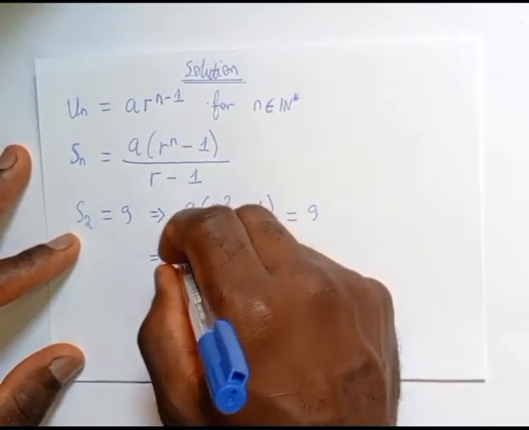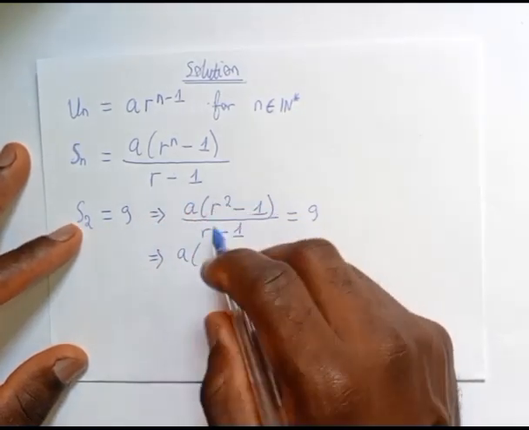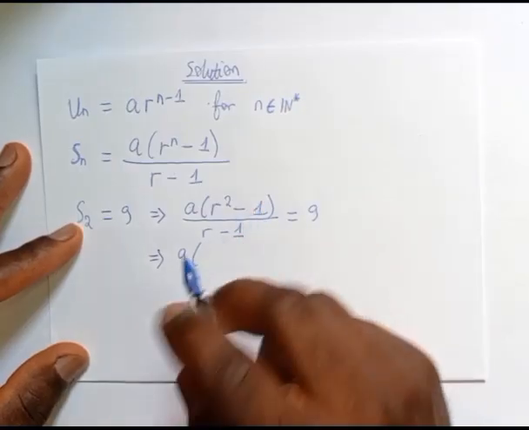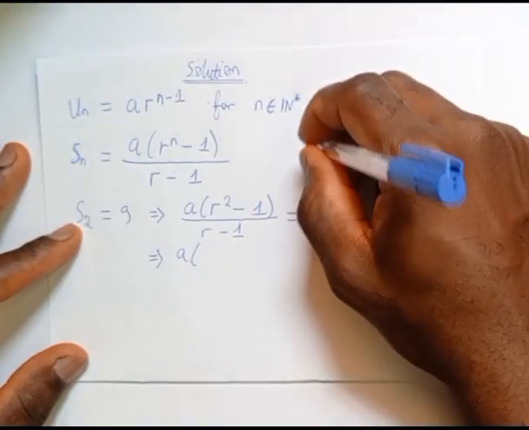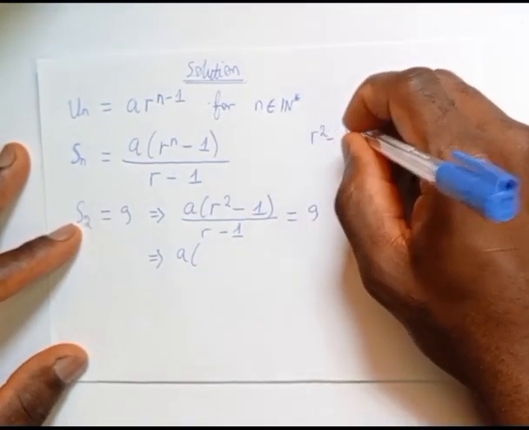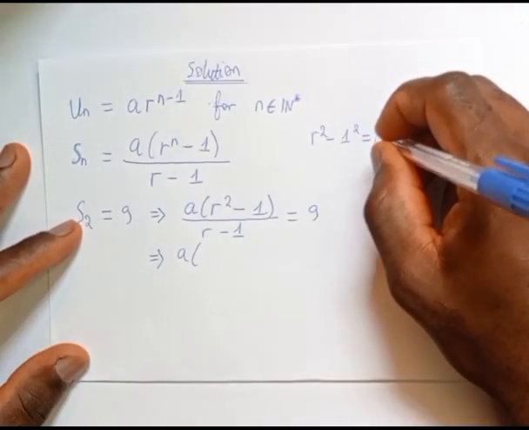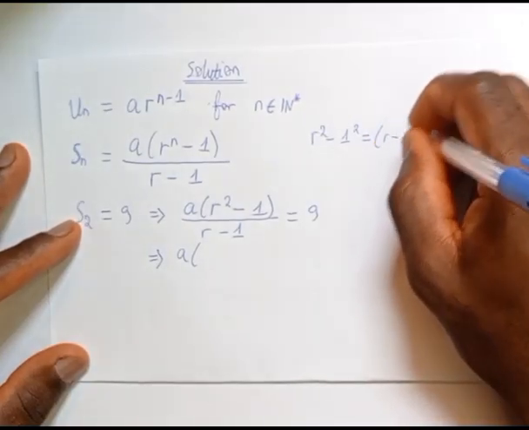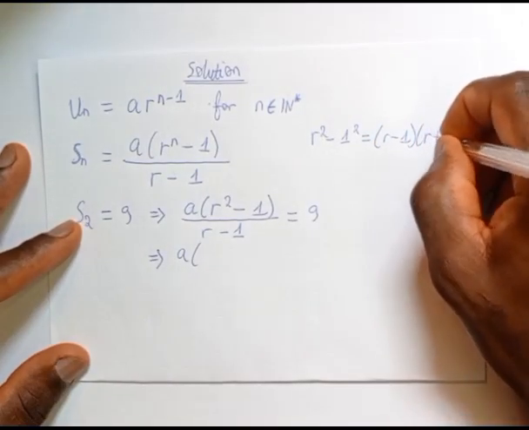This will imply that r squared minus 1 is a difference of two squares. We can express it as r squared minus 1 squared, and the factorization is r minus 1 times r plus 1.